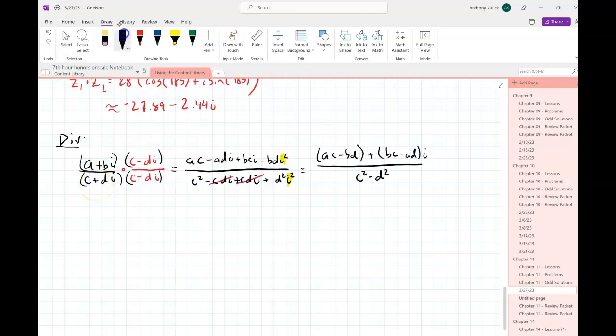What do you think division is going to look like then for trigonometric forms? Remember, for multiplication, we multiply the r's and add the directions. When we divide, what do you think we're going to do?